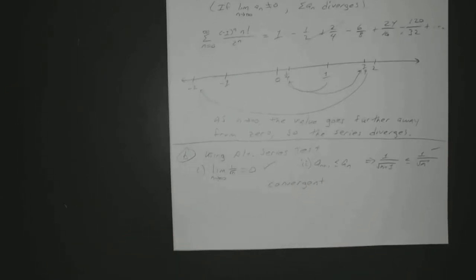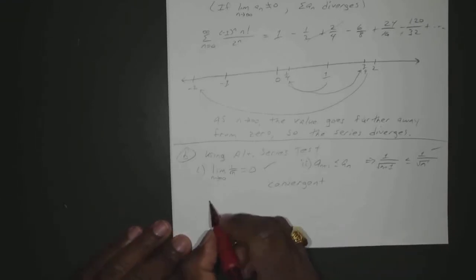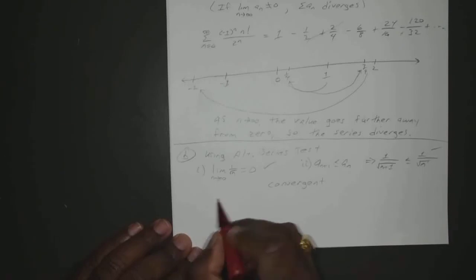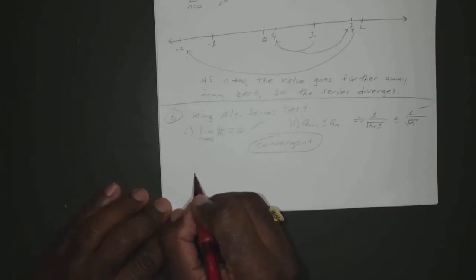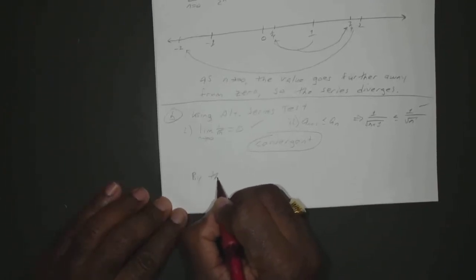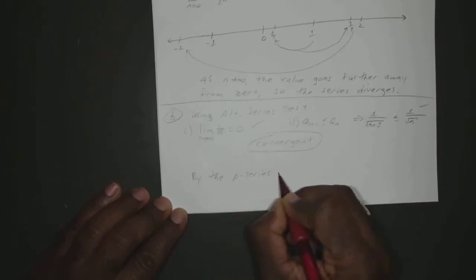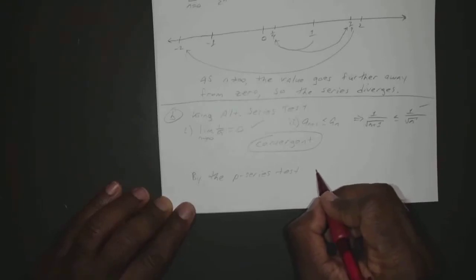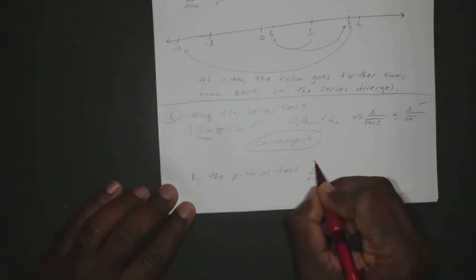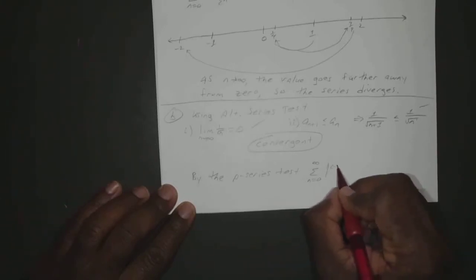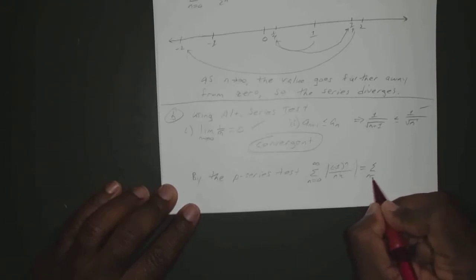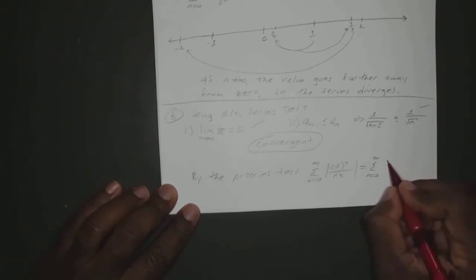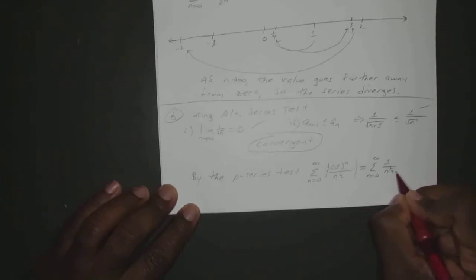Okay? So now we just have to find out what type of convergent. So we know that if we look at it by the P-series test, you have the sum from n equals 0 to infinity of the absolute value of (-1)^n over, instead of square root of n, we could say n to the 1/2 power, which is equal to the sum from n equals 0 to infinity of 1 over n to the 1/2 power.